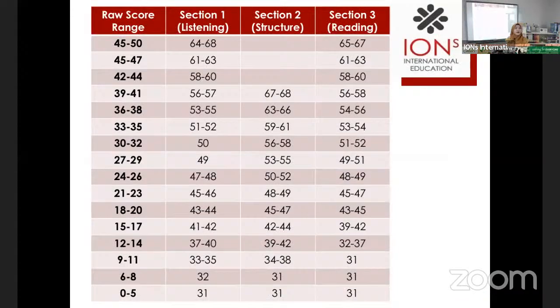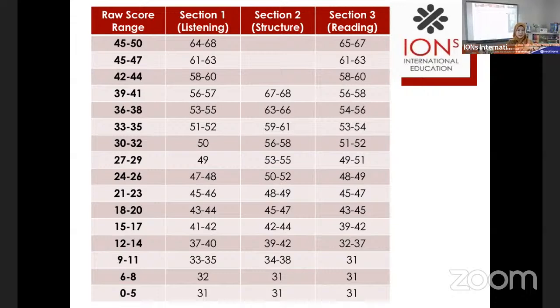Right, and this one is the table of the scores. Okay, on here, yang di sebelah sini ya, yang di bold itu ada raw score range, itu adalah skor correct numbers-nya. Okay, so that's your correct numbers. Okay, so later the score will be converted to the score for each section.